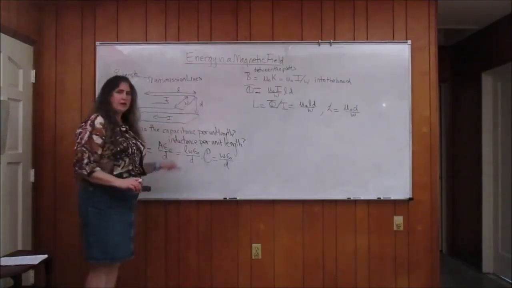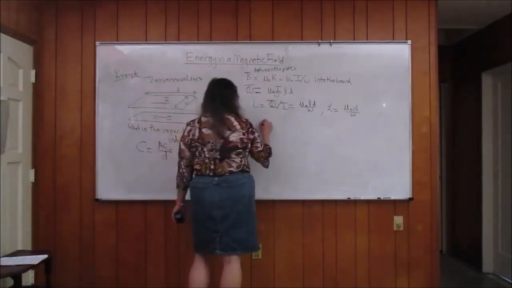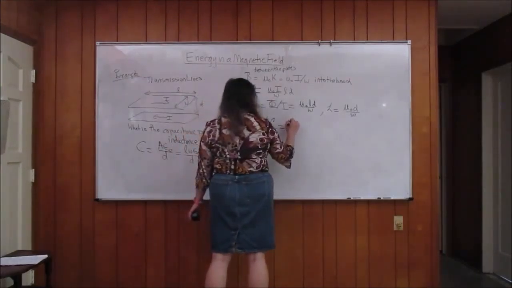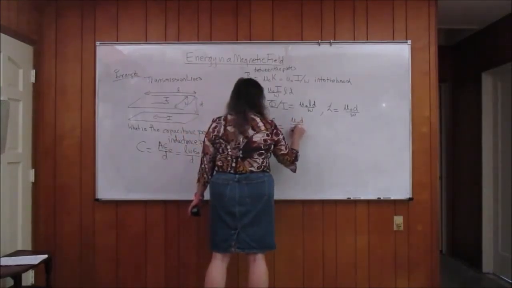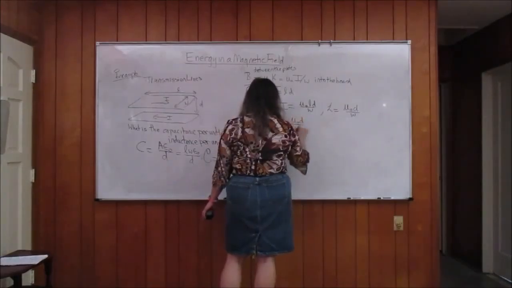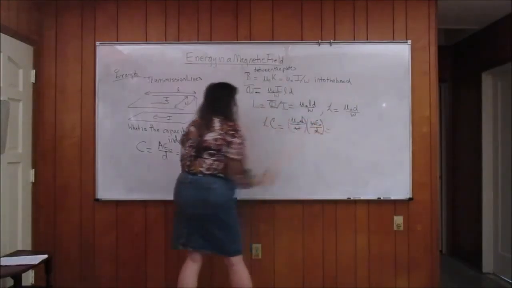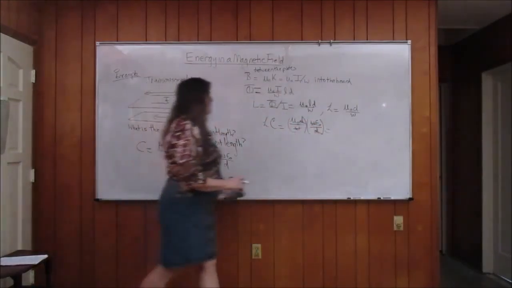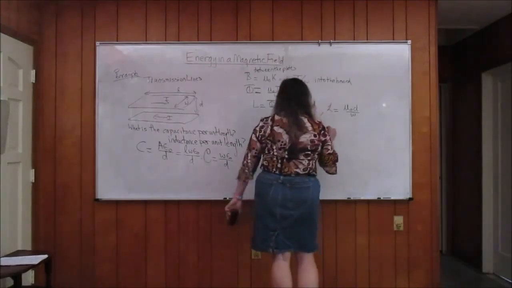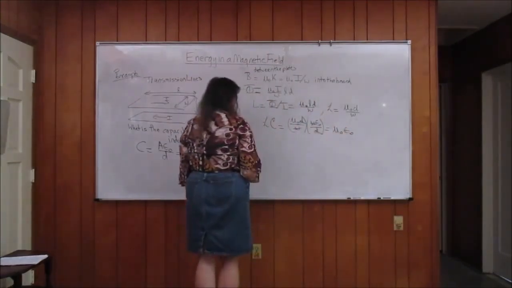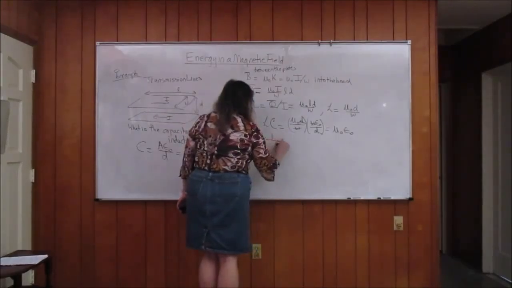If I take the product of the inductance per unit length and the capacitance per unit length, look at what happens here. The actual dimensions of the transmission line cancel out, and that's equal to mu naught epsilon naught. And what's that equal to?